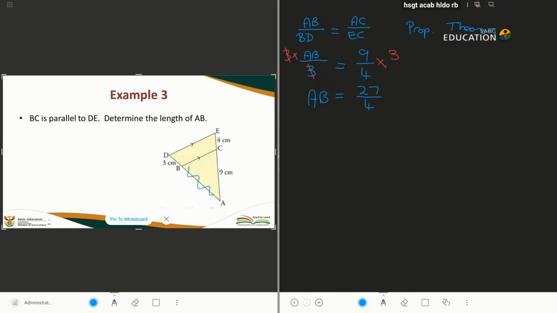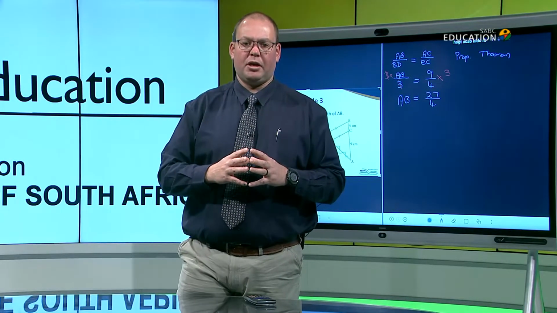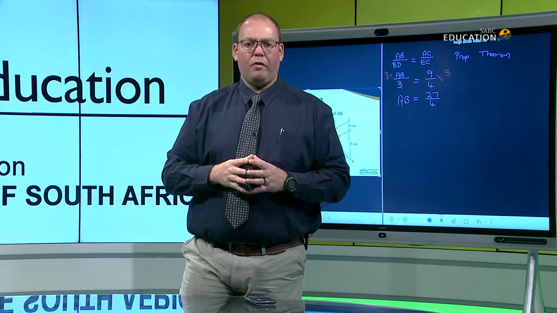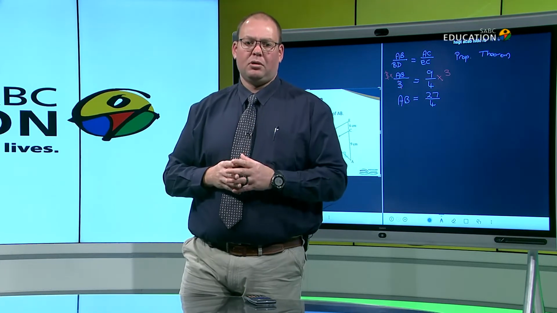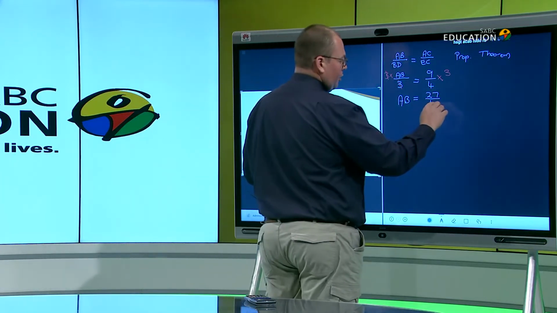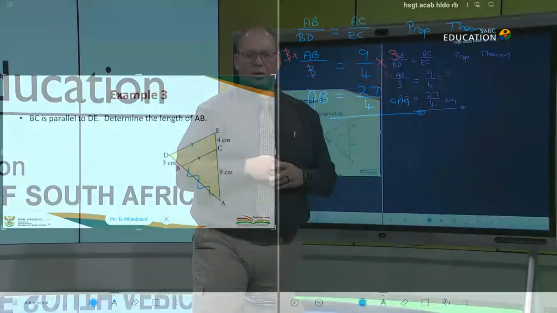And now you will have to make sure of the instructions in the question, whether they say leave it in simplest form maybe, leave it as a fraction, or they might indicate you to round to 2 decimal places. In my opinion, if you get 27 over 4, add centimeters as your unit, and that will be my final answer. Only if they specify in the specific question to round to 2 decimal or 1 decimal place, then you can go and do the rounding.